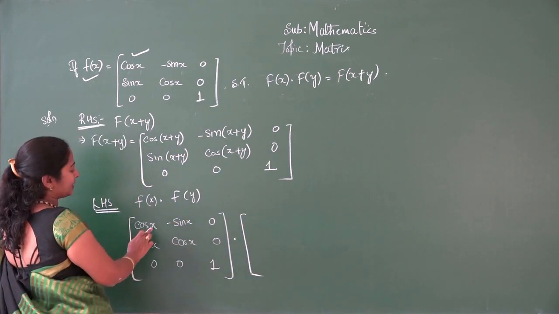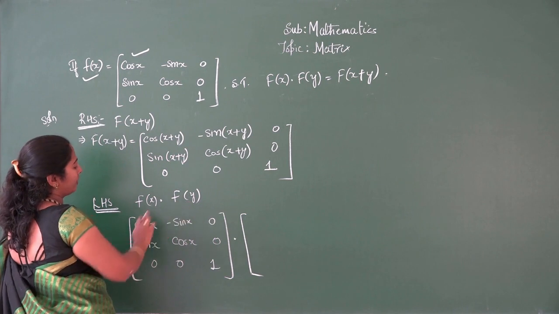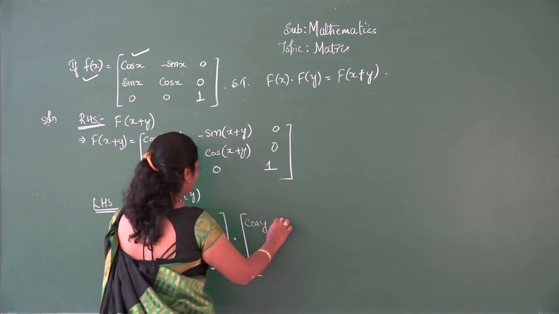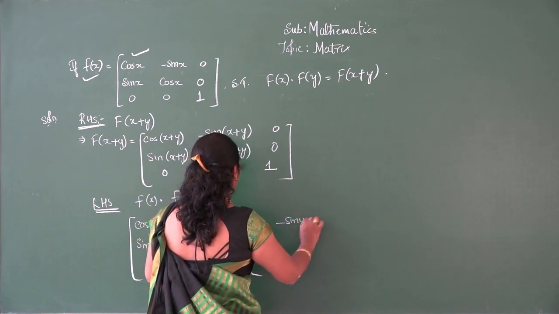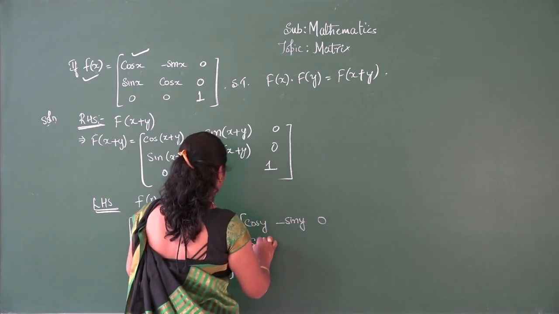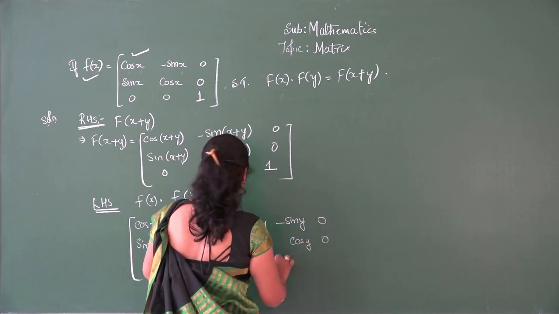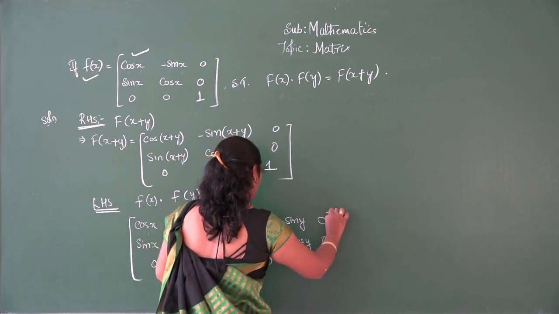If f of x is cos x, what will be f of y? That is nothing but cos y, minus sin y, 0; sin y, cos y, 0; 0, 0, 1.